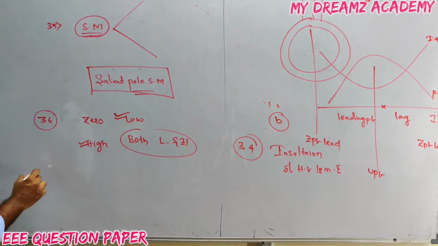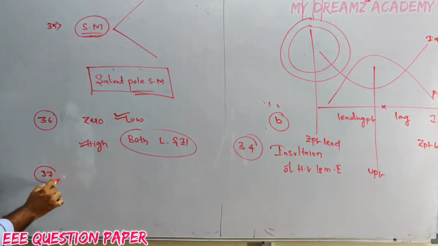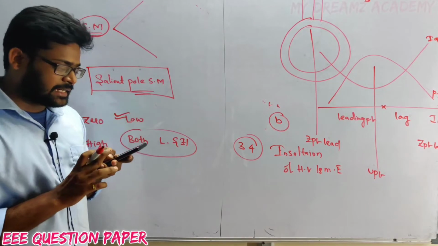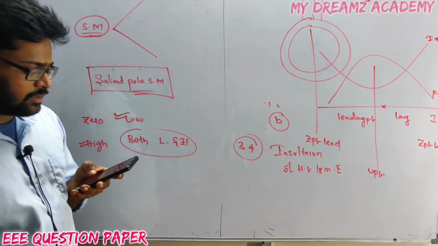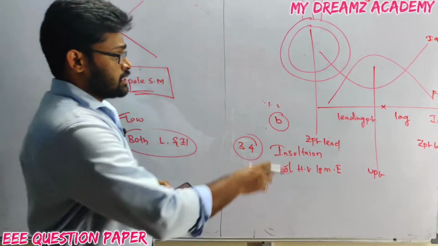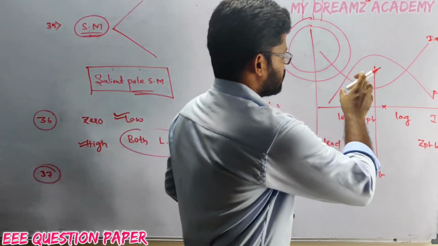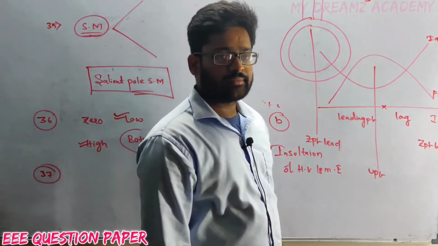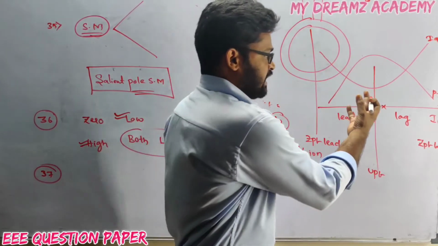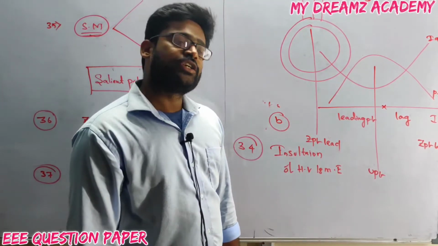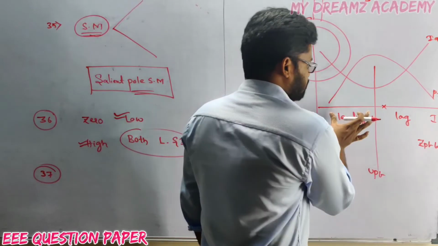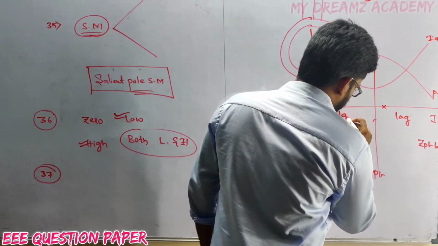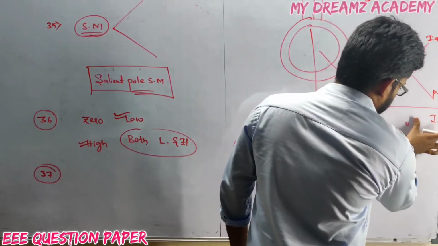Next, question number 37. If the field of a synchronous motor is under excited, then the power factor will be? These are the V and inverted V curves for a synchronous generator. The V and inverted V curves for a synchronous motor are the same, but this one is lagging power factor and this one is leading power factor.